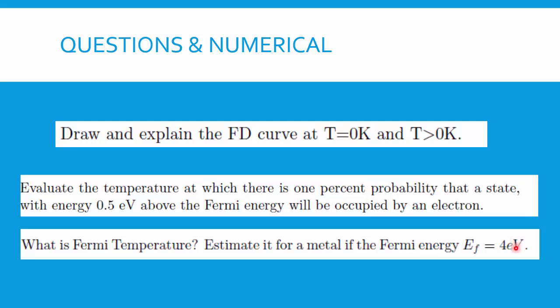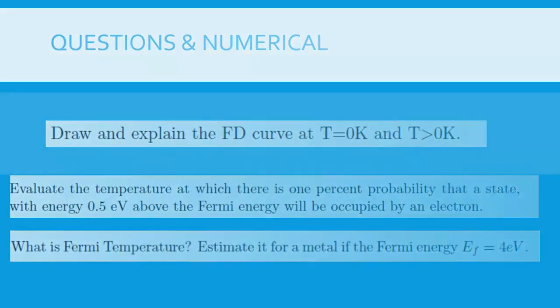If you want to convert this 4 electron volt into joule, then you have to use the Boltzmann constant 1.38 × 10 raised to minus 23 joule per Kelvin. But if you are keeping this Fermi energy in electron volt, then you consider the Boltzmann constant as 8.6 × 10 raised to minus 5 electron volt per Kelvin.